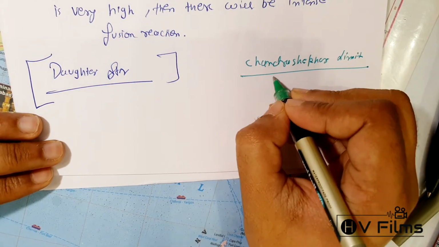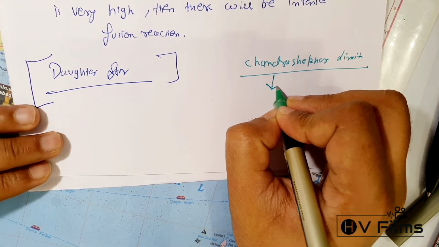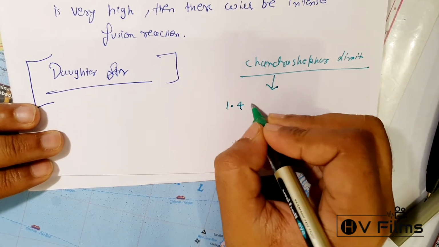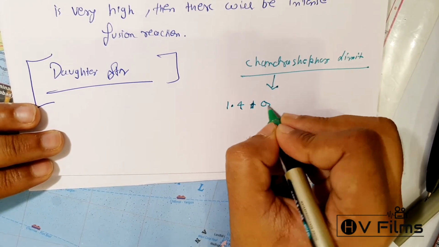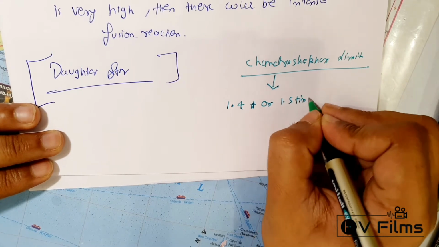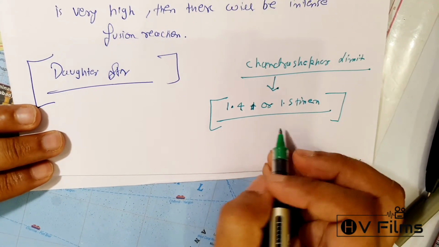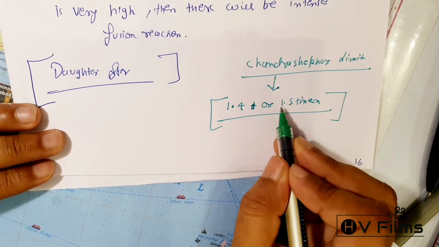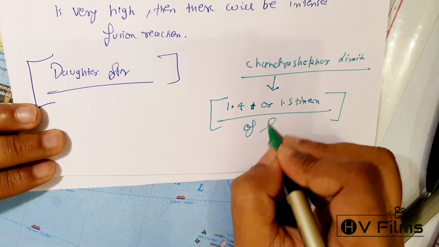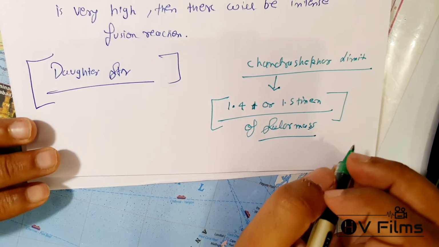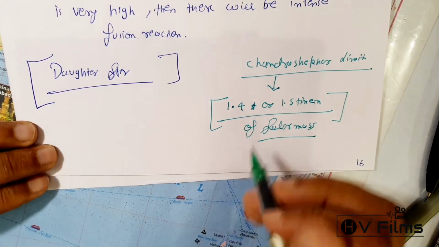So what the Chandrasekhar limit says is that if a particular star's mass is 1.4 or 1.5 times the solar mass, or less, then it will halt at the hydrogen to helium stage.